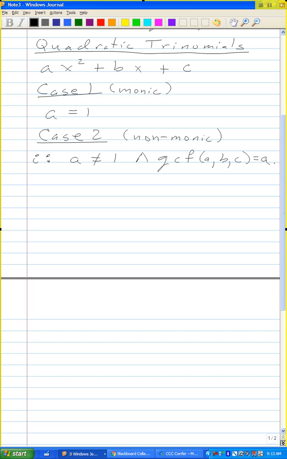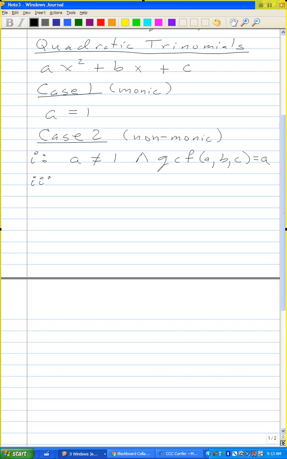And so you can factor out that term in front of the x squared, so that it really does look like some constant times a monic polynomial, in which case you can do the above cases. So this is the case 2i.